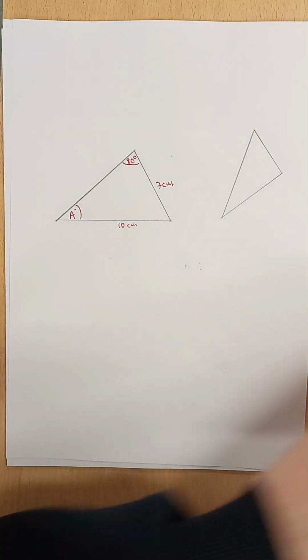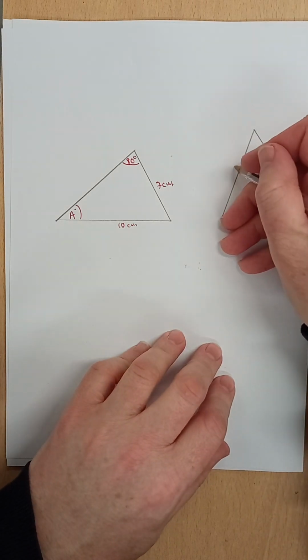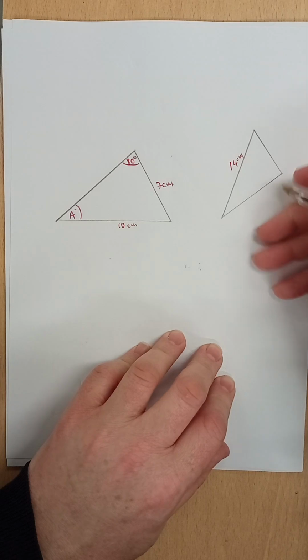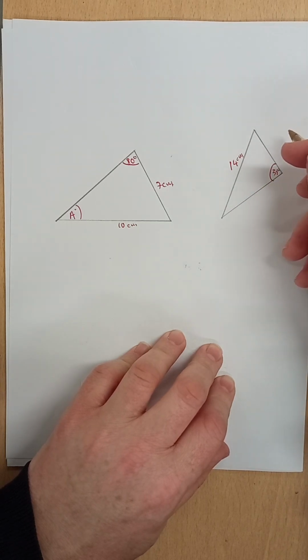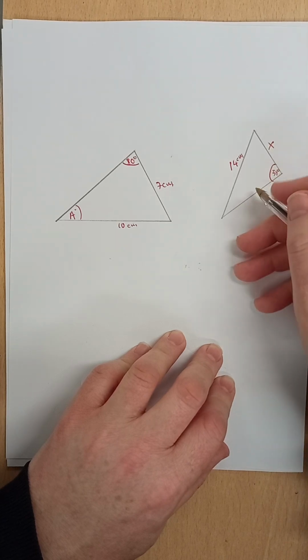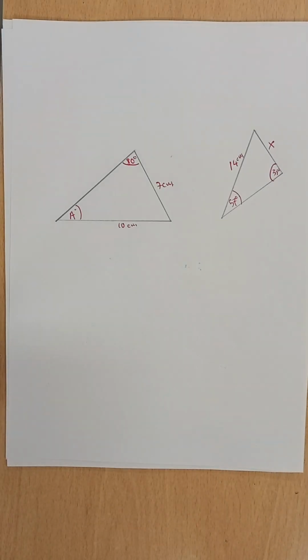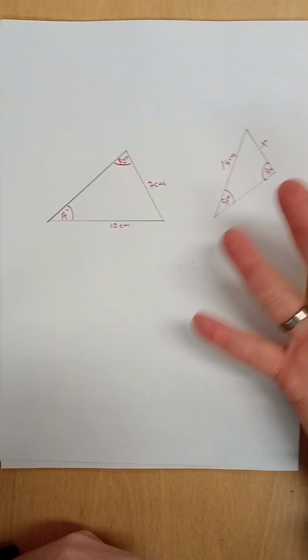In this one, this is going to be 14 centimeters, this is going to be 39 degrees, this is going to be X, and this is going to be 57 degrees. We'll do the first one first.